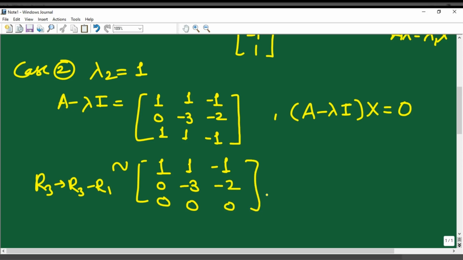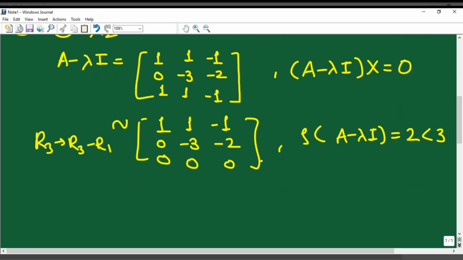You can clearly see the rank of this matrix is 2, again less than 3, which means we are going to get an infinite number of vectors satisfying this system.